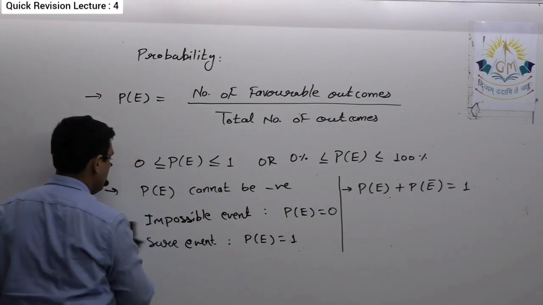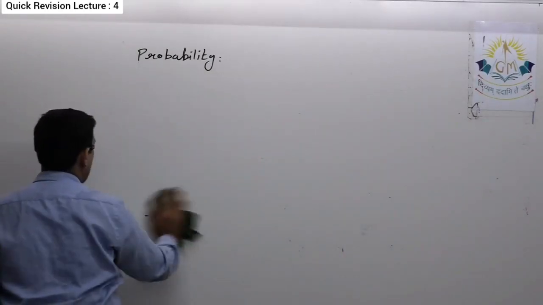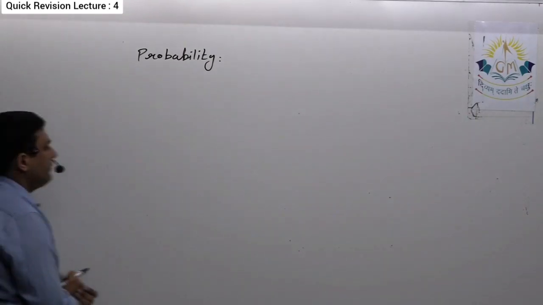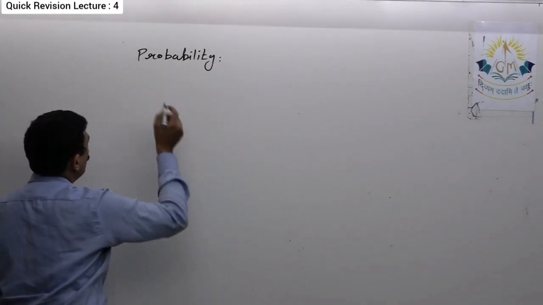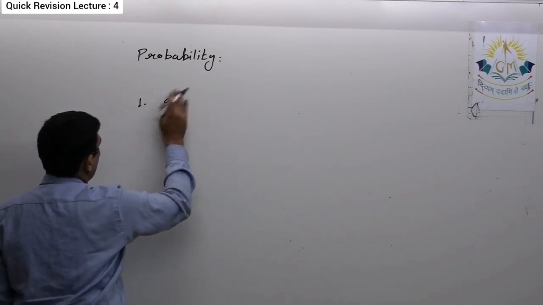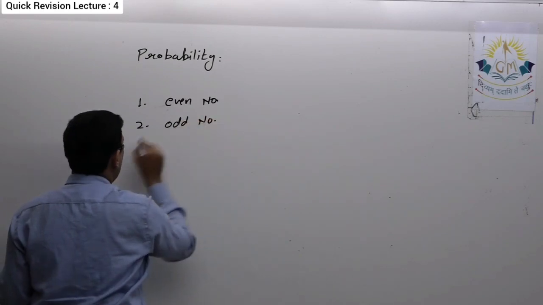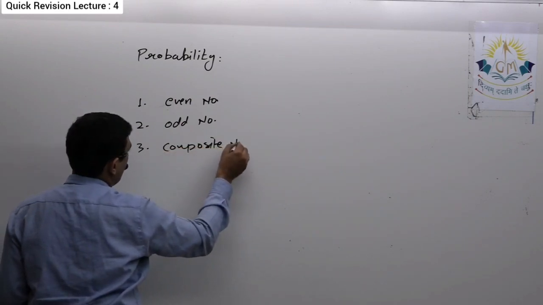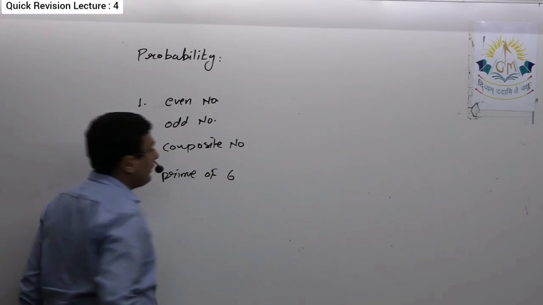Suppose a dice is thrown and we have to find the probability of getting an even number, the probability of an odd number, the probability of a composite number, and the probability of prime factors of 6. It's not a difficult task.